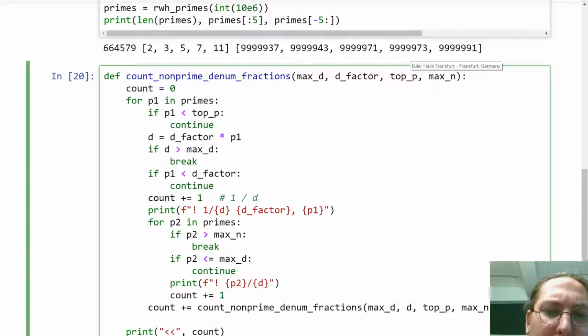So if P1 is less than our top prime, then we continue. We can multiply multiple times. If we multiply D and it's greater than our max D, which in our case is 8, then we stop. Otherwise, actually I'm not sure about this one now.